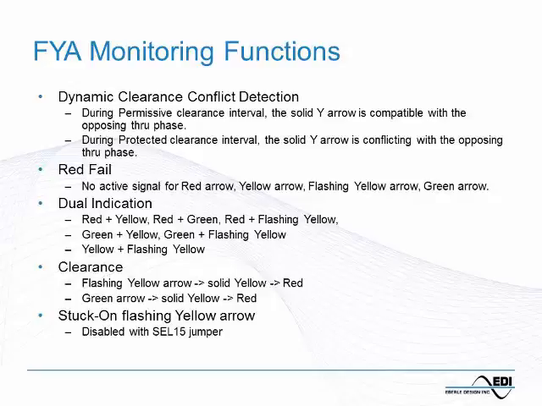So normally you won't see the effect of this, but you do have to remember that if you trip this monitor function and you get a conflict fault because of, let's say, the solid yellow arrow is stuck on and we go to the next through phase, you're going to get a conflict that goes against what the diode card says it should be.